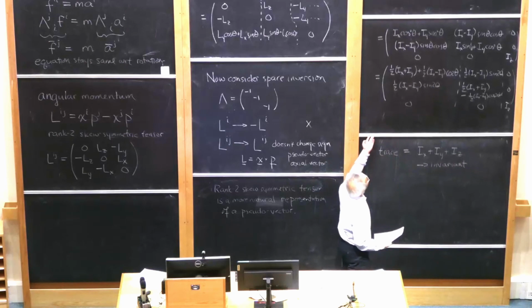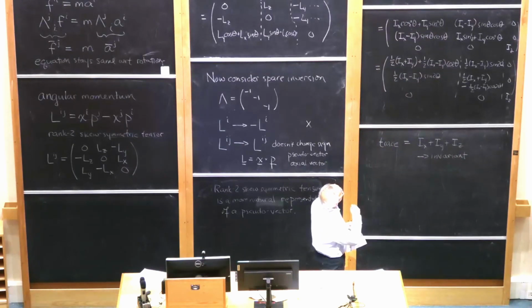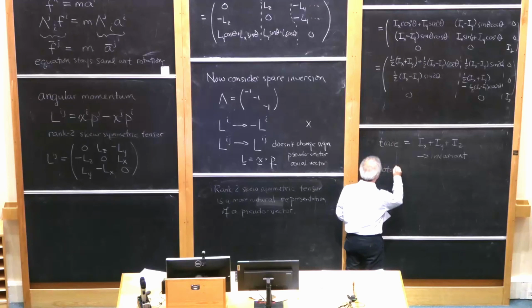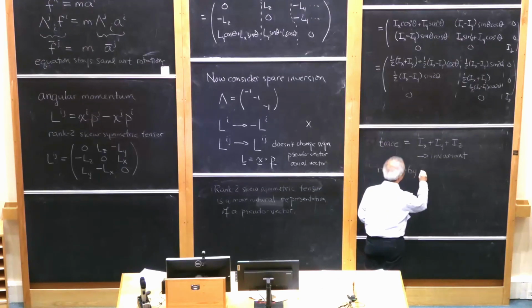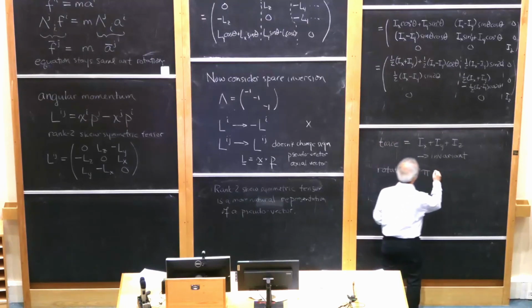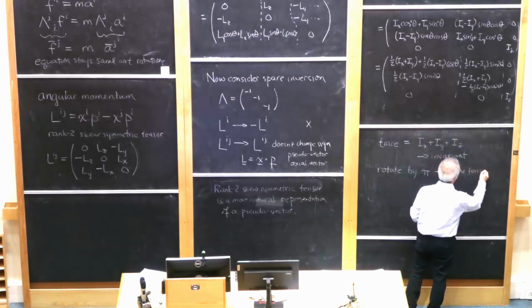Okay? Then on top of that, you have all the 2 theta bits, and what you will see there is that if you rotate theta by, say, pi, okay, not 2 pi, you get the same tensor components.